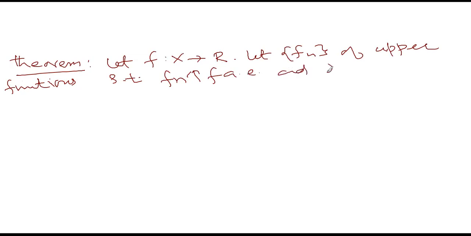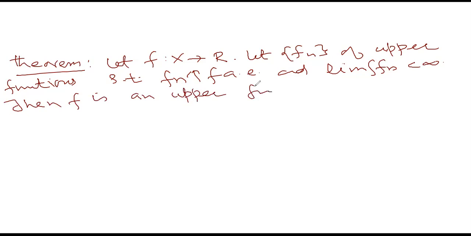And one more condition: the limit of the integral of fn, because the integral of a step function is already defined, is finite. Then we show that f is an upper function. Proof.